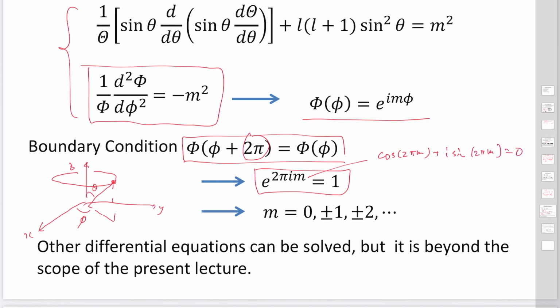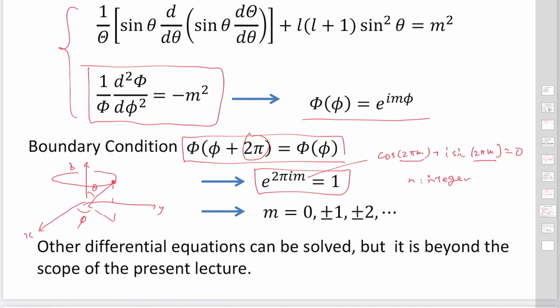To satisfy these equations, m has to be an integer. So m can be 0, or plus minus 1, or plus minus 2.